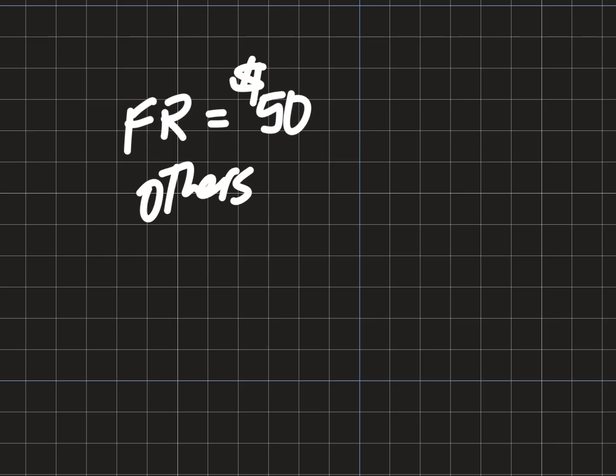We're going to say there's the front row, and they're going to pay way more, and then there's the other seats. Okay, so front row seats are going to be $50, and the others are going to be $20.